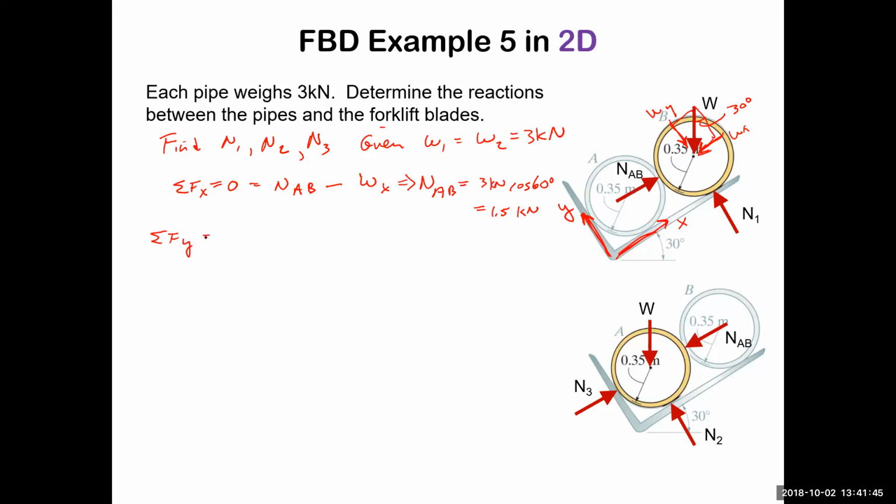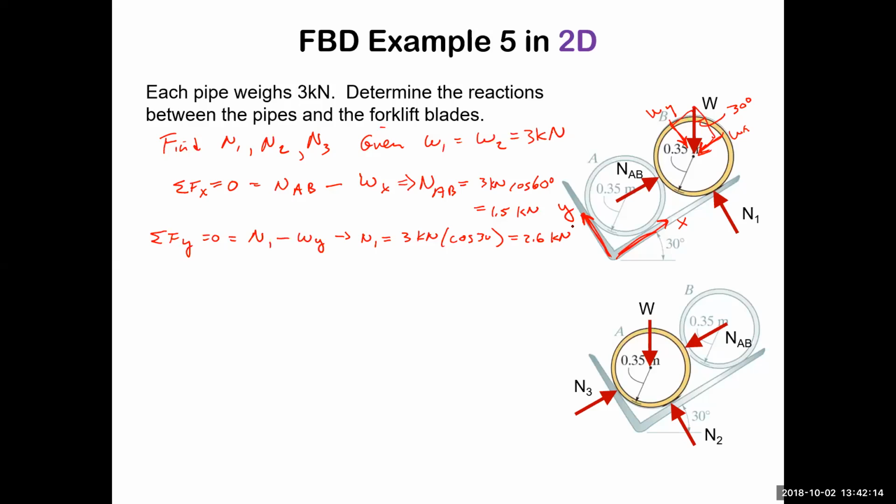The sum of the Fy's equals 0 gives us N1 minus Wy, so N1 is going to equal 3 kilonewtons times the cosine of 30, which is 2.6 kilonewtons.